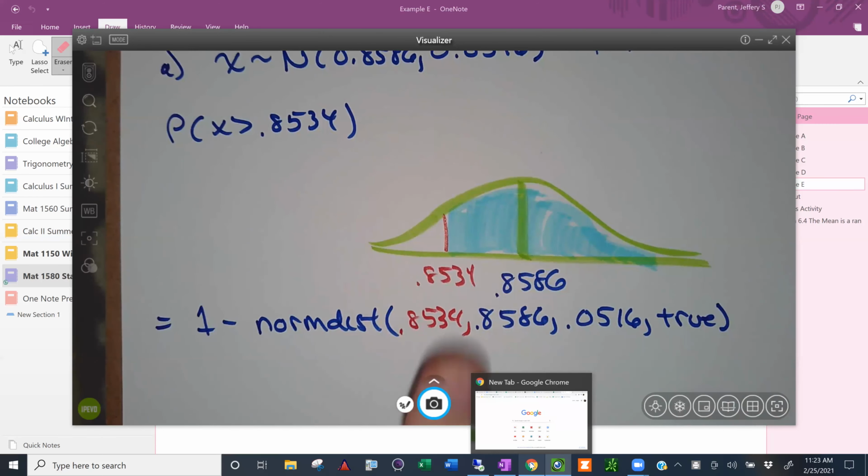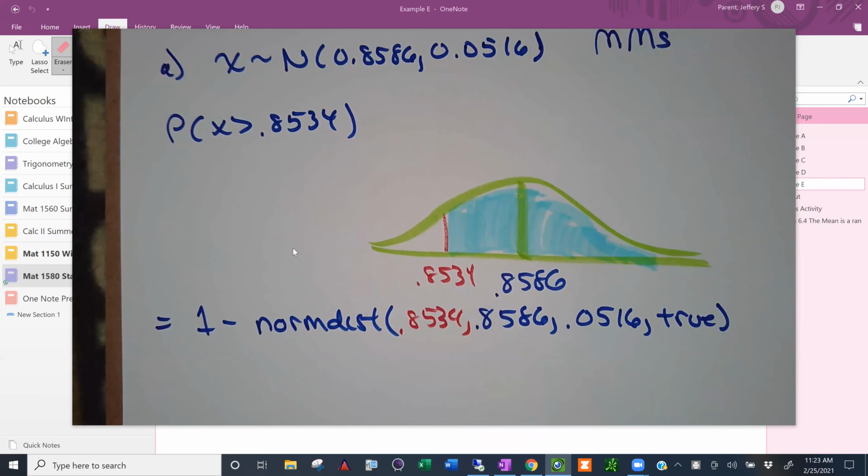Keep in mind, based on the drawing, you should have a certain expectation for this probability. At the very least, this probability has to be greater than what? 0.5. Has to be greater than half. Thank you, Amanda. It has to be greater than 1/2 because 0.8534 is to the left of our mean, and half the area is to the right of the mean.